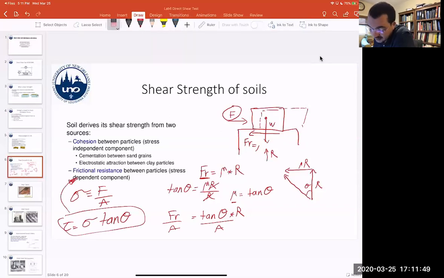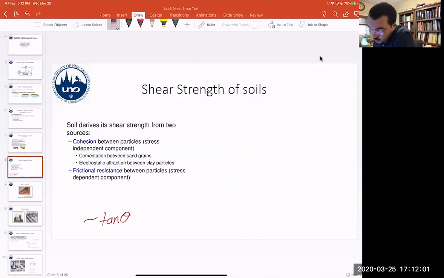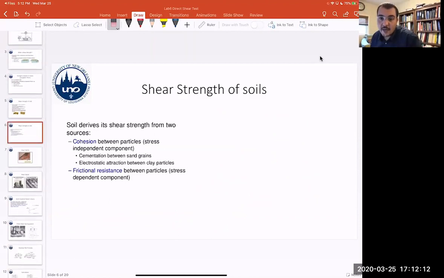It's very simple. It's based on statics, and that's the failure criteria that we use. And we'll use this throughout. You will use this when we do triaxial testing, the Mohr-Coulomb failure criteria. You'll use it in this test, and you use it in mechanics of materials, and it's a very simple model.